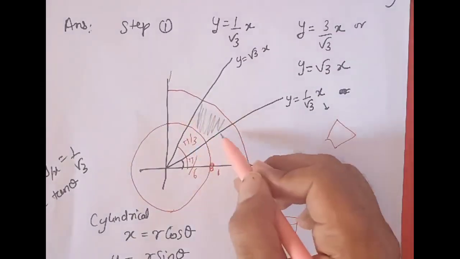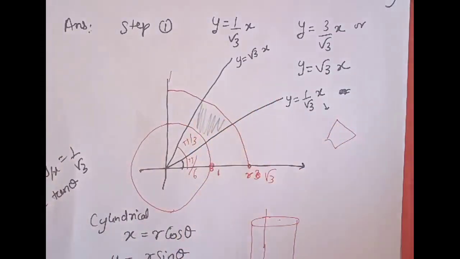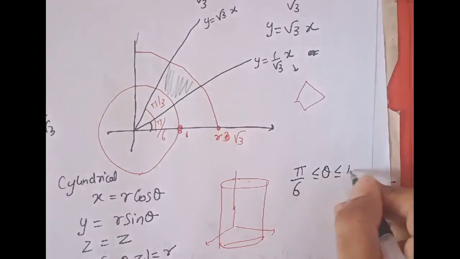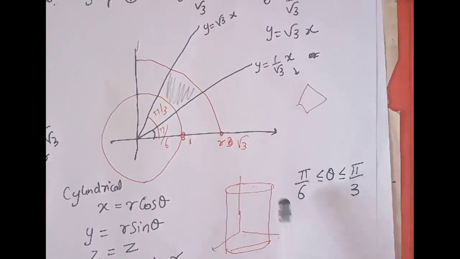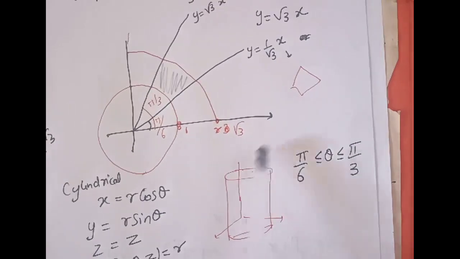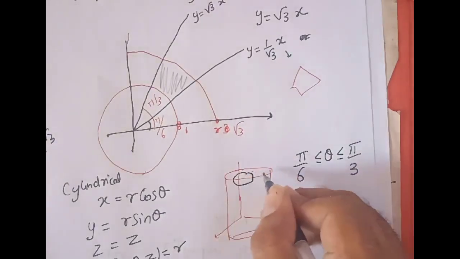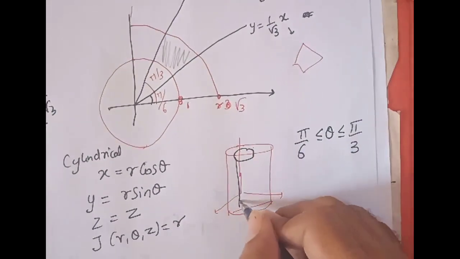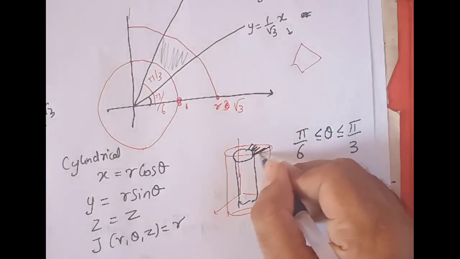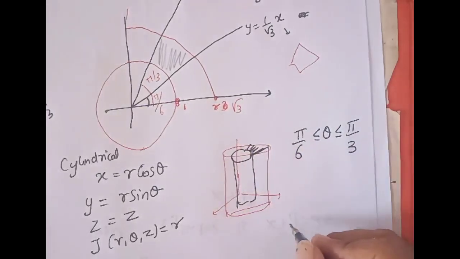We are taking only between these two lines. So the angle, if we see, pi by 6 less than theta less than pi by 3, that is the angle. And the radius, it is actually not the complete cylinder, it is two cylinders enclosed inside it. So if we try to analyze, it is two cylinders and we are just taking part of it. So this region from top to bottom.